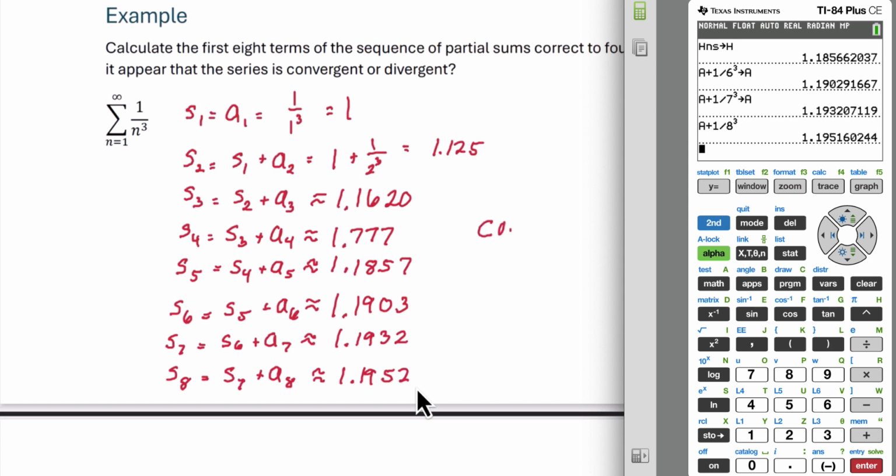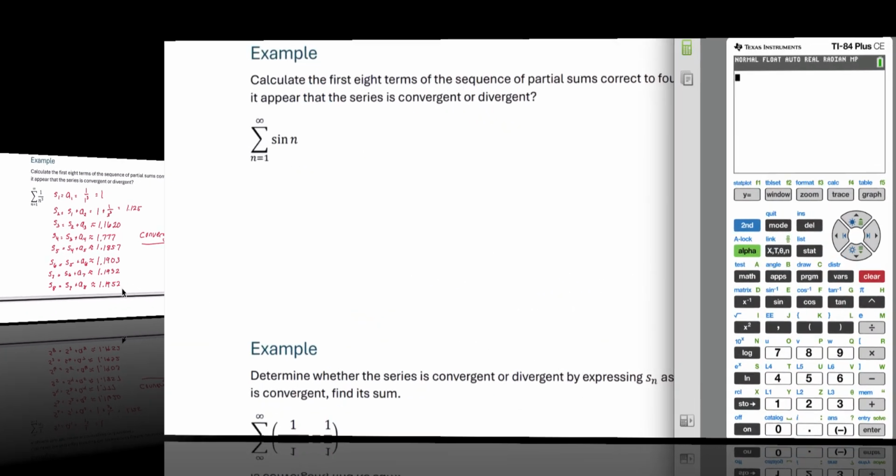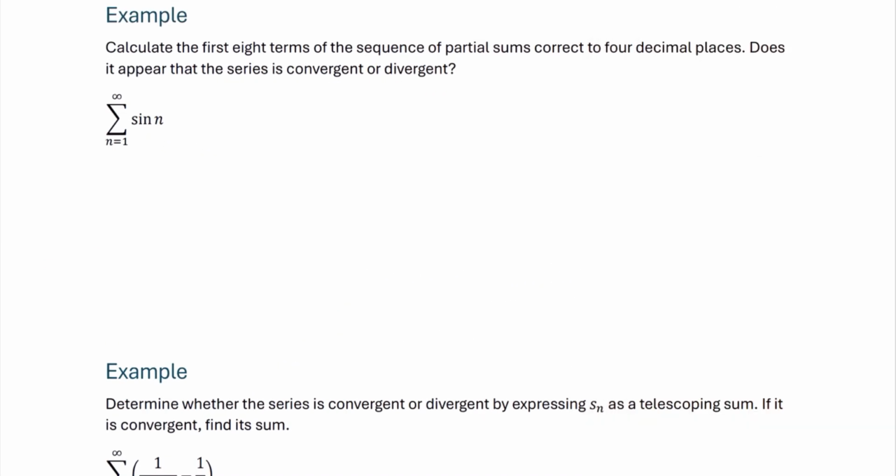So we can say that this is convergent. In our next example, we are again calculating the first 8 terms of the partial sum. And we again want to determine whether or not it is convergent or divergent. S1 is sine of 1.